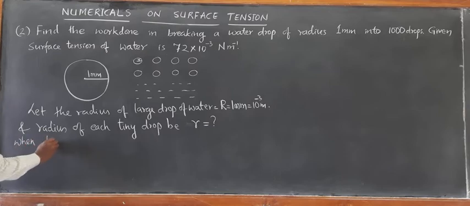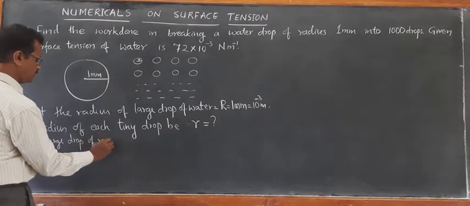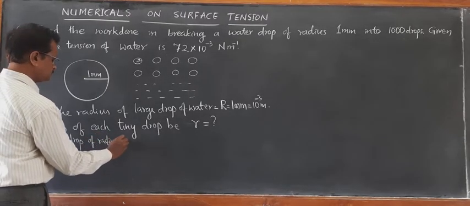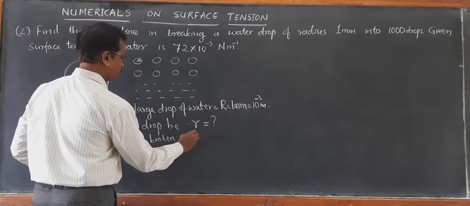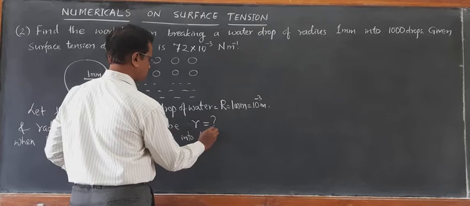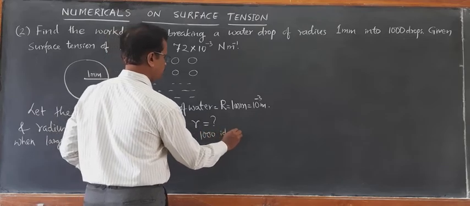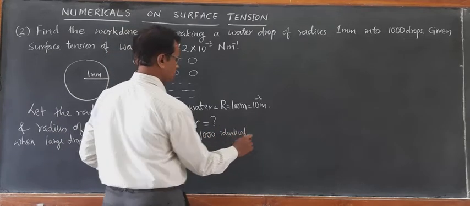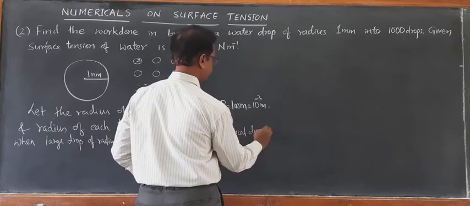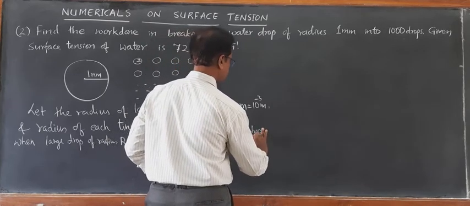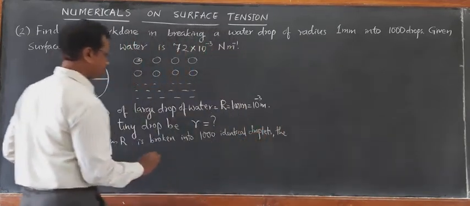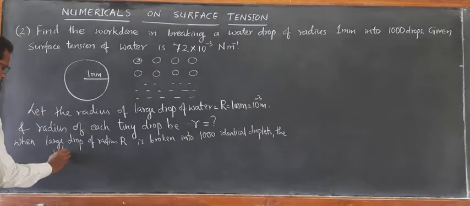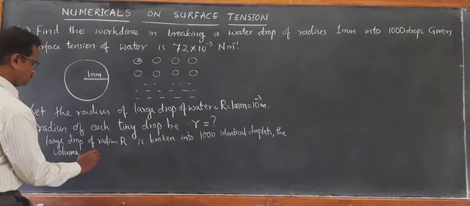When a large drop of radius R is broken into 1000 identical droplets, the volume remains the same.